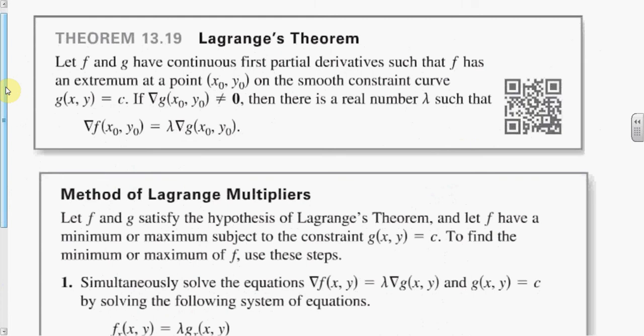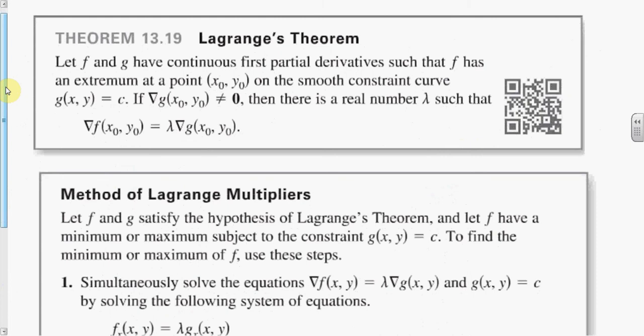So here we have an extrema at some point x naught, y naught on a smooth constraint curve. And this smooth constraint curve is g of x, y equal to c. This would be the x squared over 9 plus y squared over 16 equal to 1. This function would act like g.